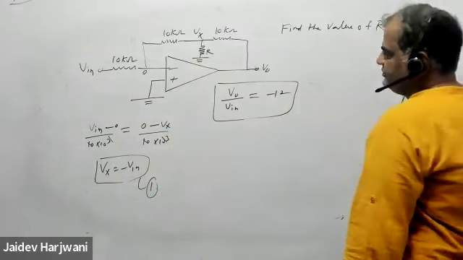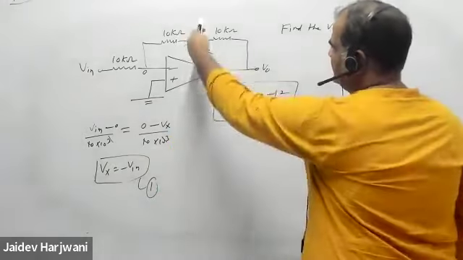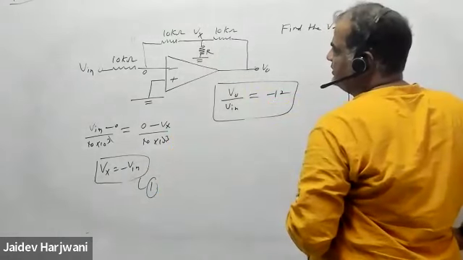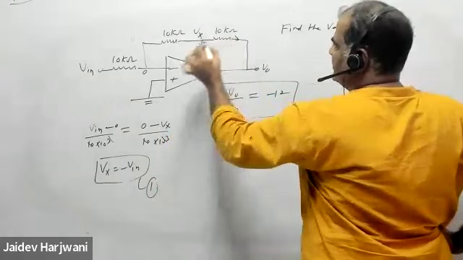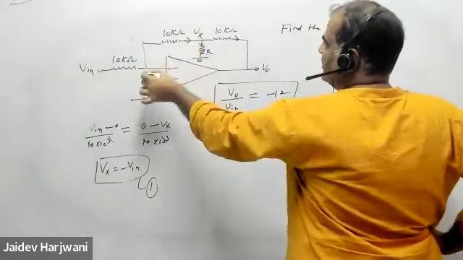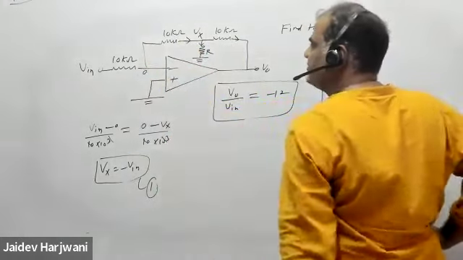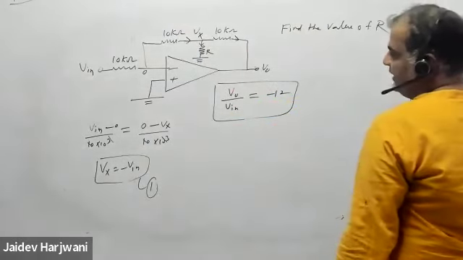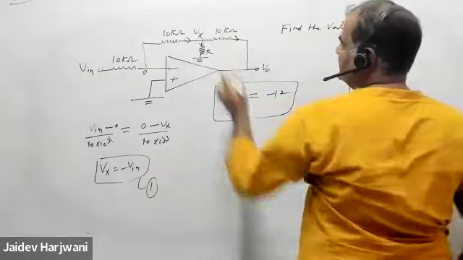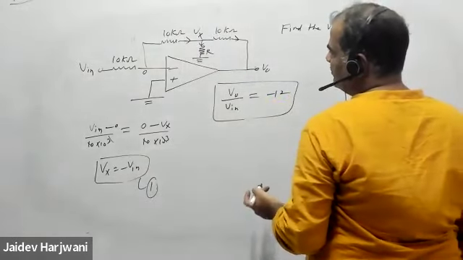Now, second relation I can find. Say this current is outgoing, and say this current is incoming, because I'm already solving like this. Or you can say this is also outgoing, no issue. So now what I can write, if you want to find Vx, incoming current equals outgoing current.